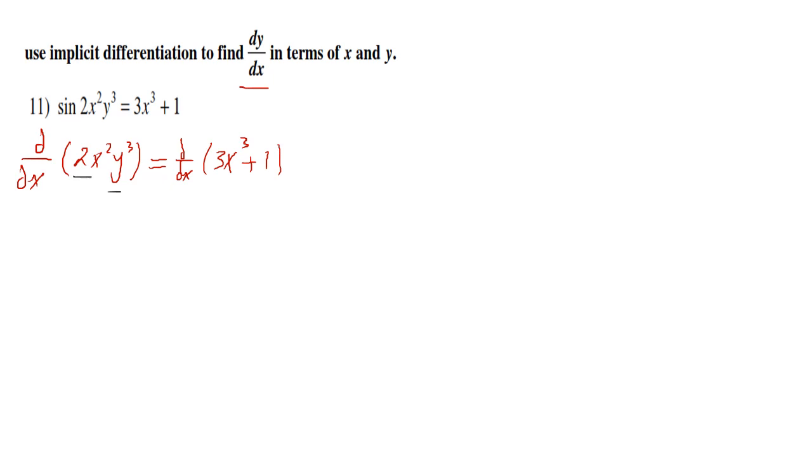I forgot to write the sine. So notice that derivative of sine function in x is equal cosine the function multiplied by derivative of the function itself.